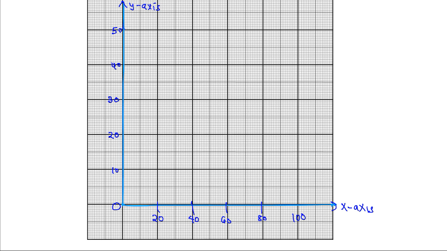So the first plot is, remember, this is temperature. Then we have solubility, and that is in grams per 100 grams of water.